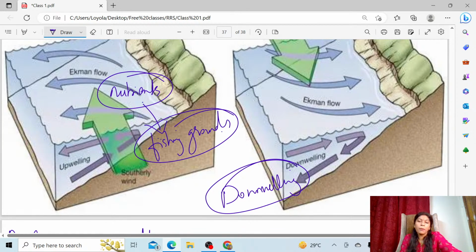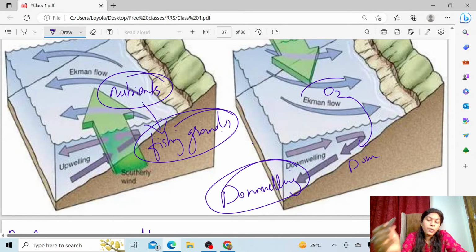When it sinks down, what happens? The oxygen in the surface water will reach down. So we cannot say downwelling is not beneficial at all. It is also beneficial for some organisms. Downwelling increases the oxygen concentration in the water to be taken up by marine organisms.